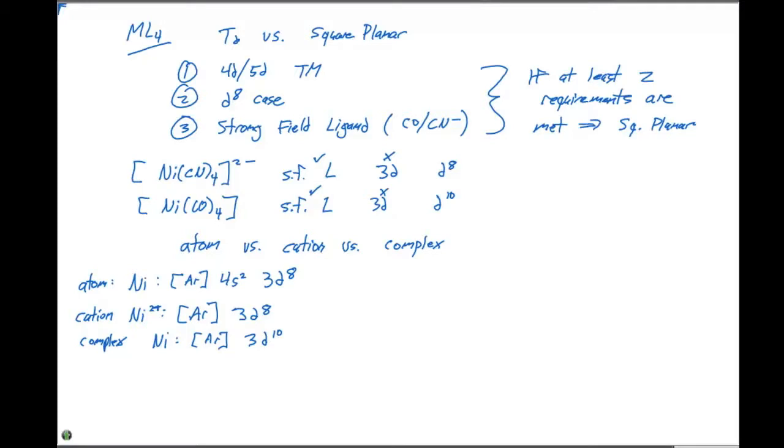Because of this, the carbonyl complex does not meet the criteria to be square planar, and as a consequence, this will be a tetrahedral molecule. In this first case with nickel with cyanide, we have a strong field ligand and a d8 case. 2 out of those 3 requirements are met, so this is going to be square planar.